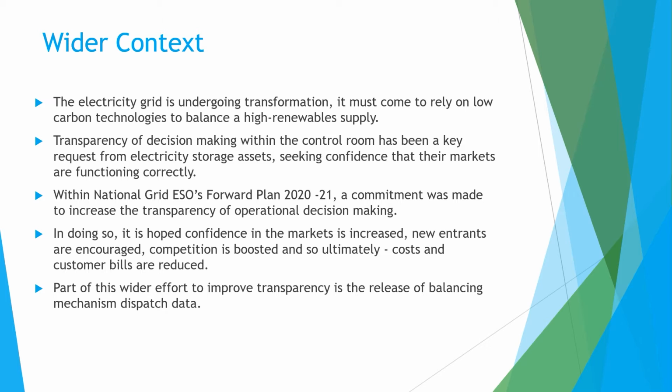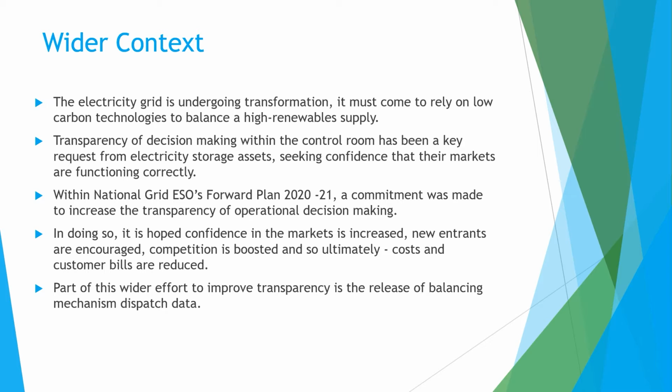But now more on where this dispatch data sits in a wider context. So the electricity grid is undergoing fundamental transformation, and it must come to rely on low carbon technologies to balance a high renewables supply. So electricity storage assets, batteries, the provision of low carbon flexibility must become dominant.